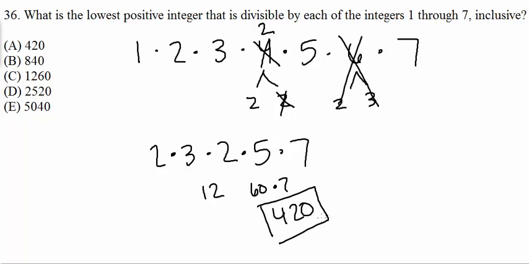So 420 is the lowest positive integer that is divisible by each of the integers 1 through 7 inclusive. Hopefully I didn't confuse you guys too much with the explanation of why we don't need to include 6, but essentially any number that is already a product of numbers we're multiplying, we don't have to worry about.